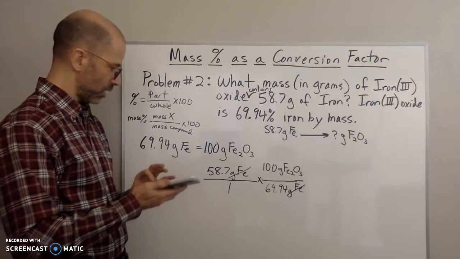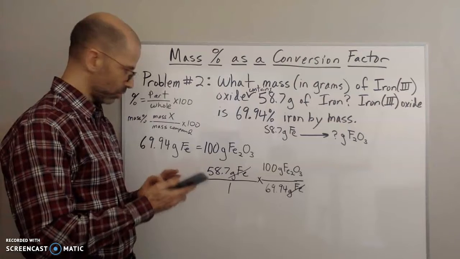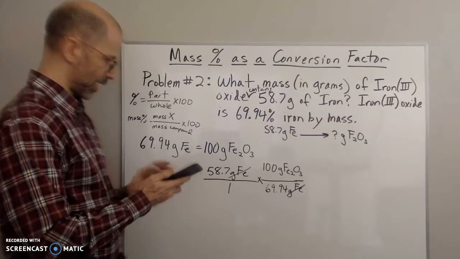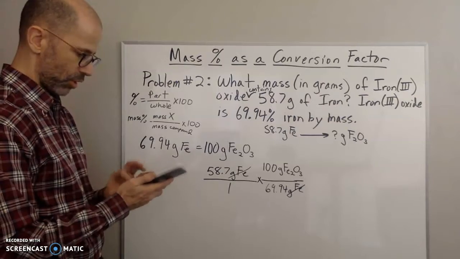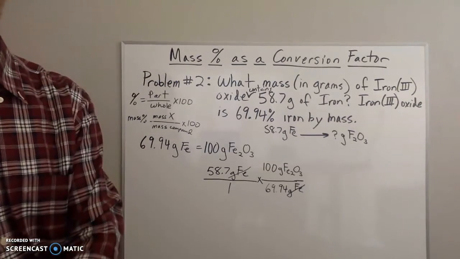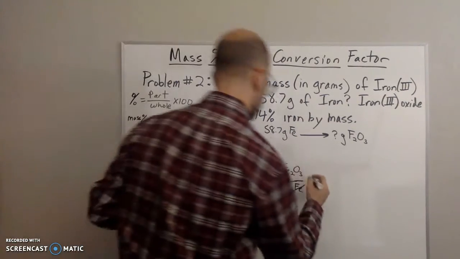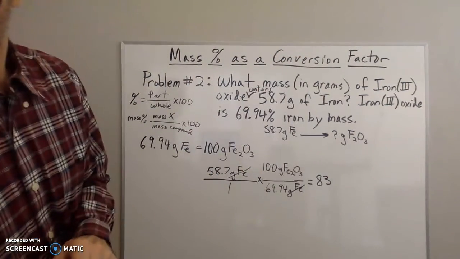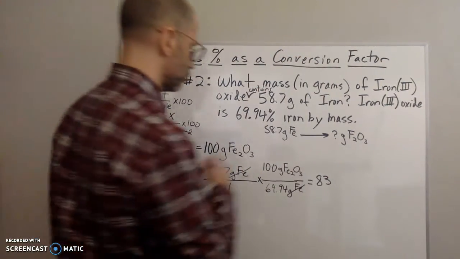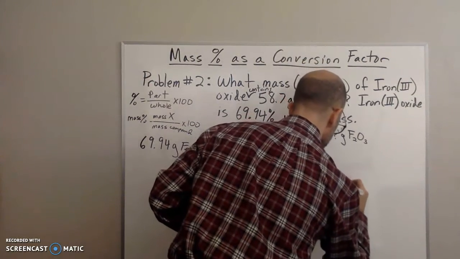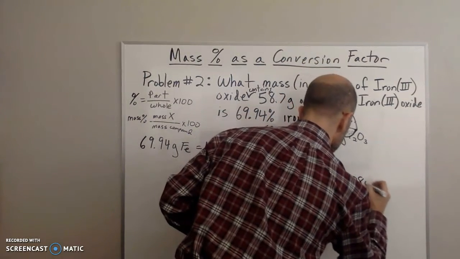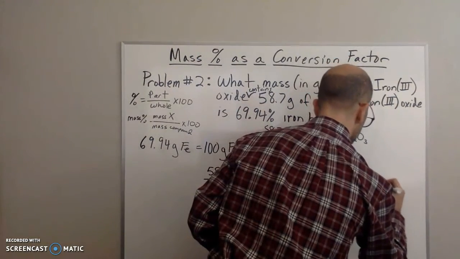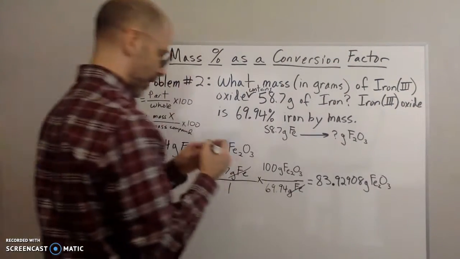So 58.7 multiplied by 100 divided by 69.94 equals, and that gives me 83.92908 grams, and it's grams of my iron 3 oxide.